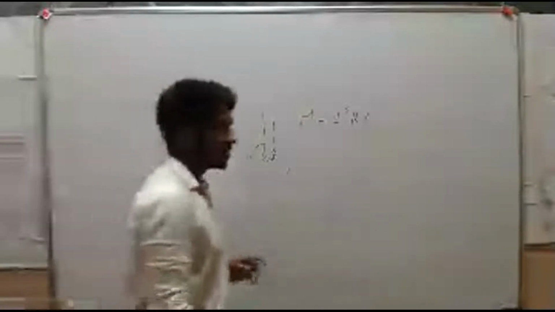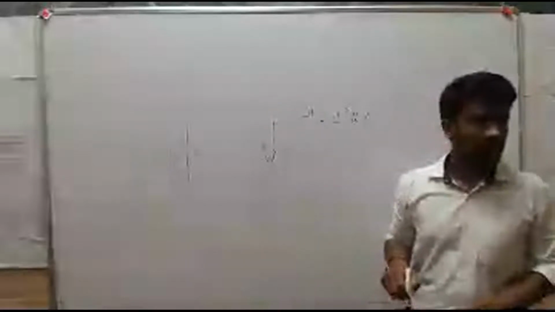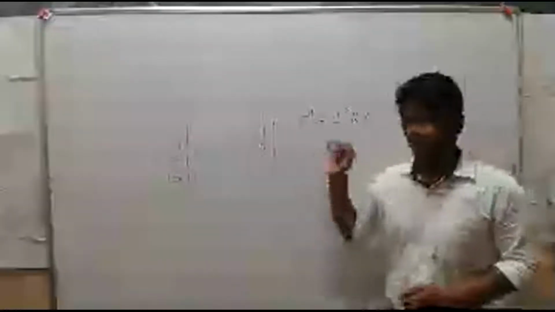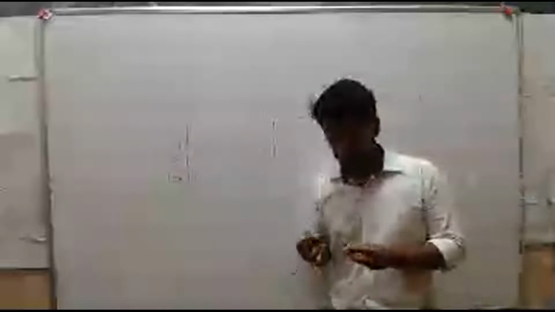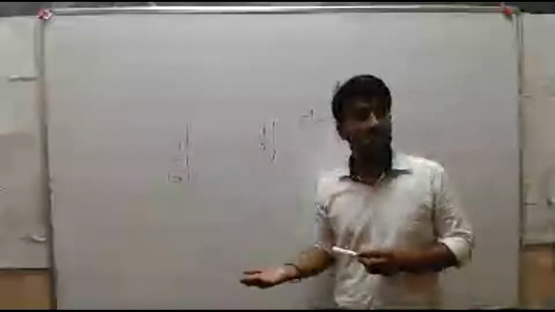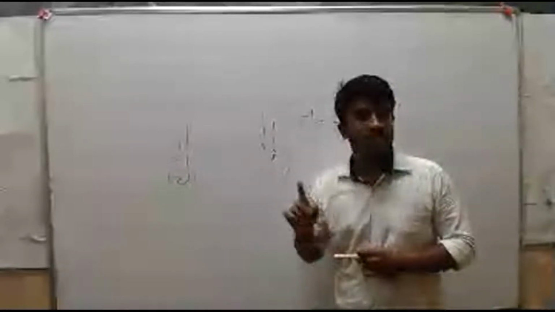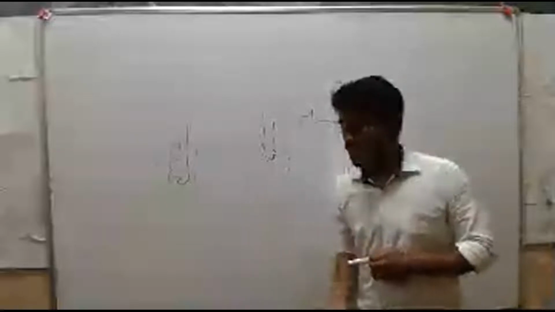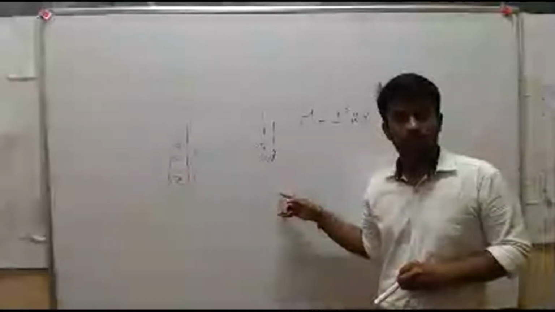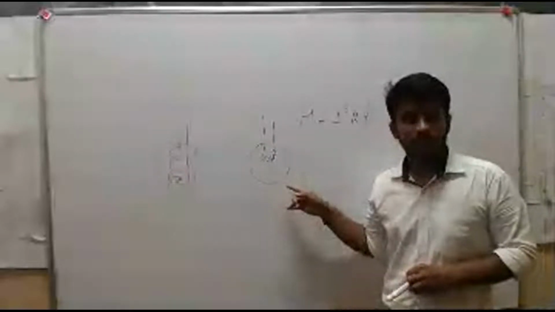Here we are passing electrical energy, so this bulb converts electrical energy into light energy plus heat energy. Why? Because when you touch this bulb, you can feel heat, right?